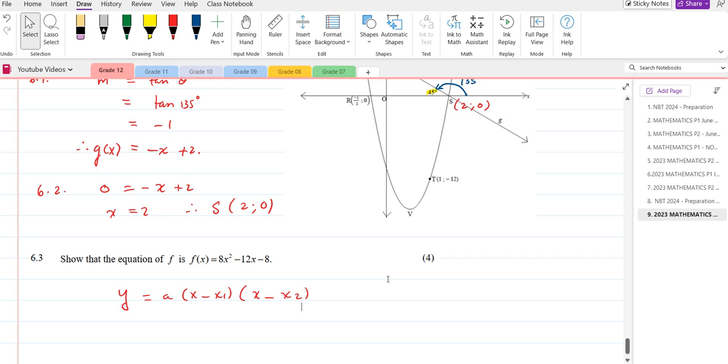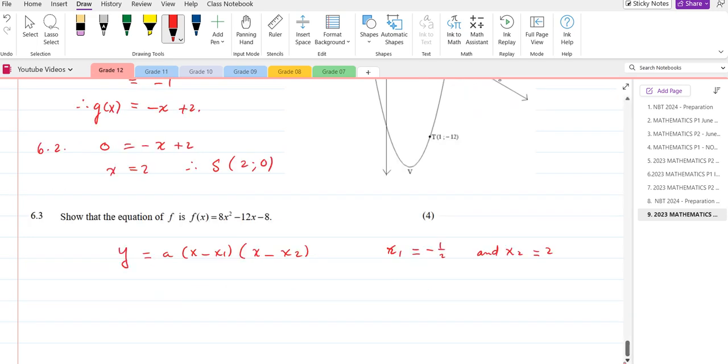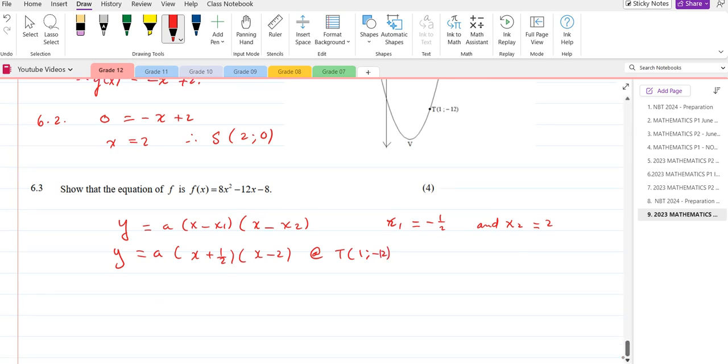Now x1 is equal to negative half and x2 is equal to 2. So let's substitute this inside. y equals a into x plus half into x minus 2, at the point T, which is 1 and negative 12. So we're going to solve it at 1 and negative 12.